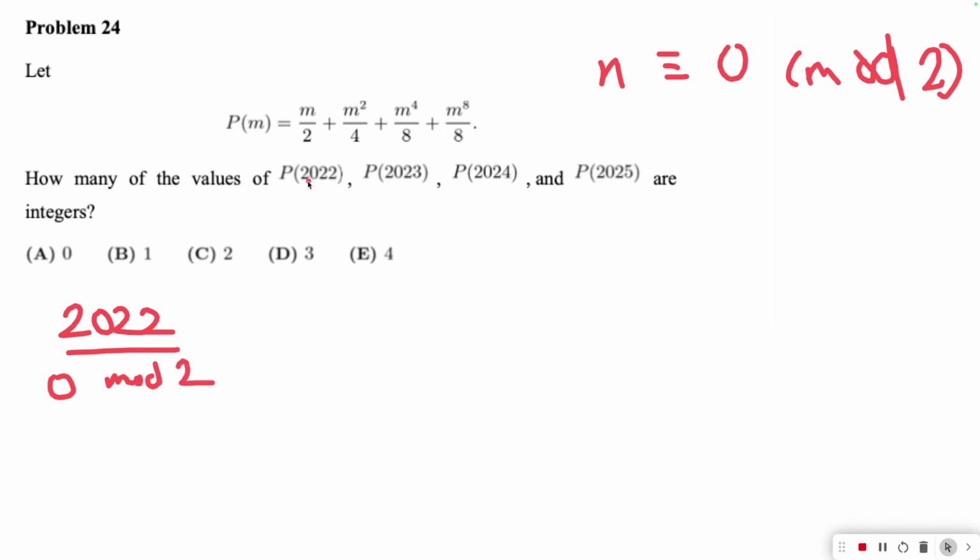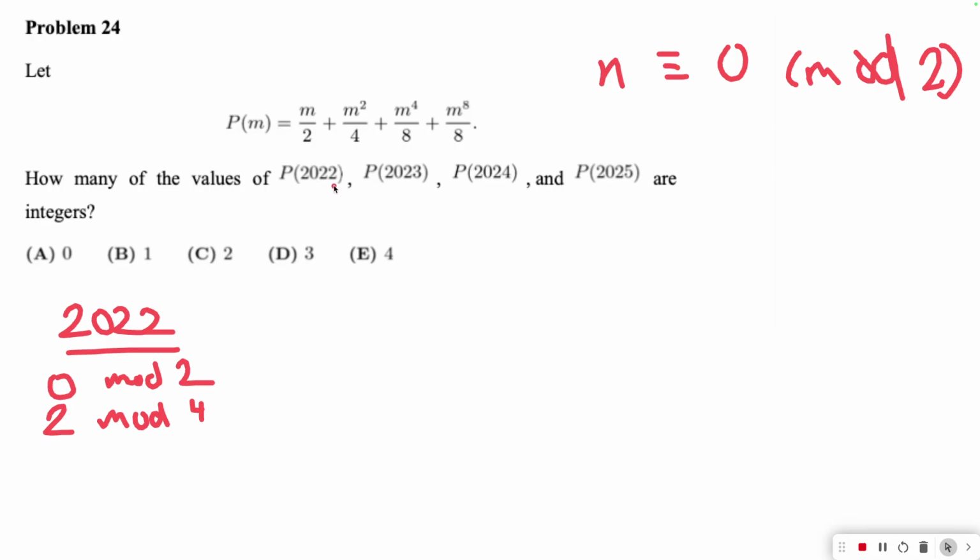Mod 4, you would get 4 times 500 is 2000, and 4 times 5 is 20, so you'd have 2 remainder. 2 mod 4, and then 8. 8 times 200 is 1600. 1600 minus this is 422. 8 times 50 is 400.